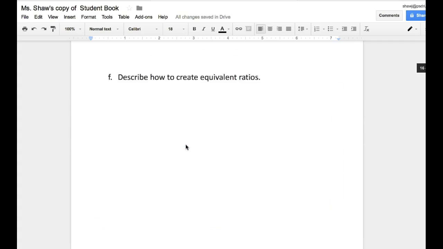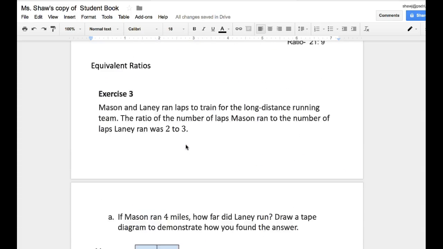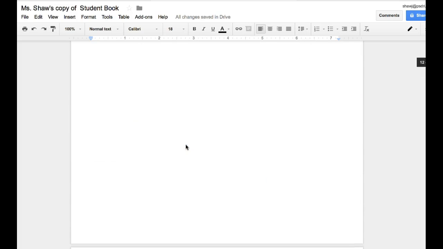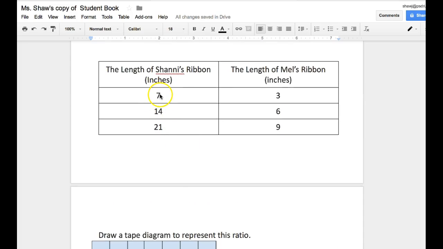And what that means, if we come back and look up here, way back up at our table, we said if we multiply the number here and the number here, we will get the next number. So if we multiply both of these by 2, this one by 2, and 3 by 2, we get the equivalent ratio of 14 to 6.